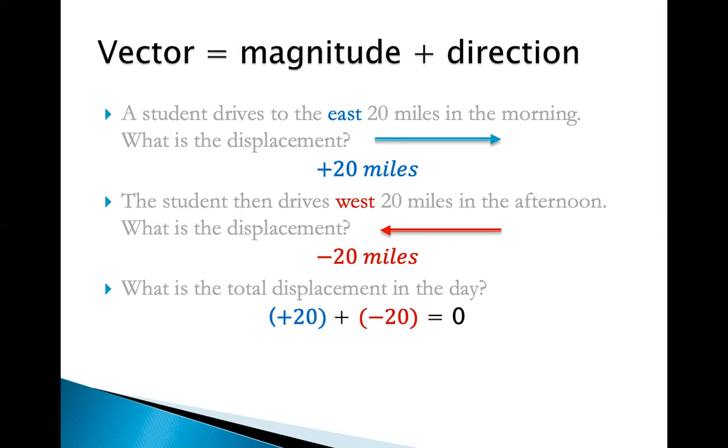Then you might ask, why positive to the east? Can I use the other way? Yes, you can. As long as you are consistent with yourself, you're free to choose positive to represent any direction. Positive can mean east, can mean west, can mean up, can mean down, can mean forward, can mean backward.